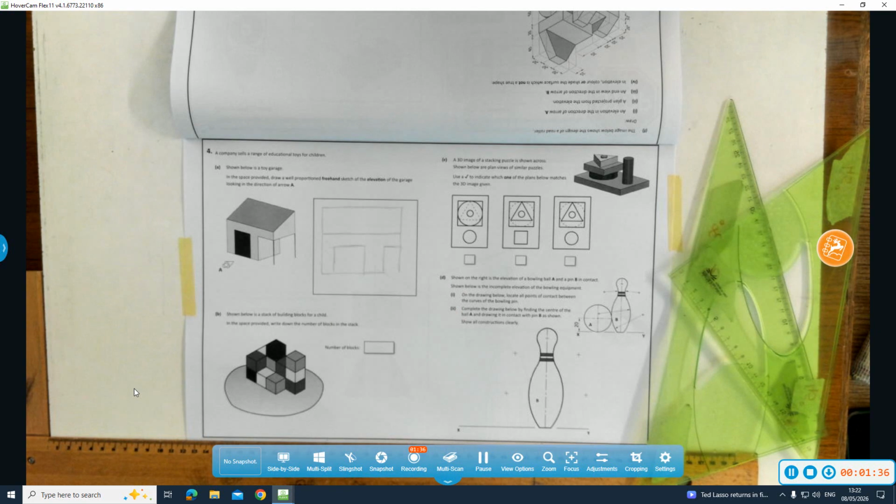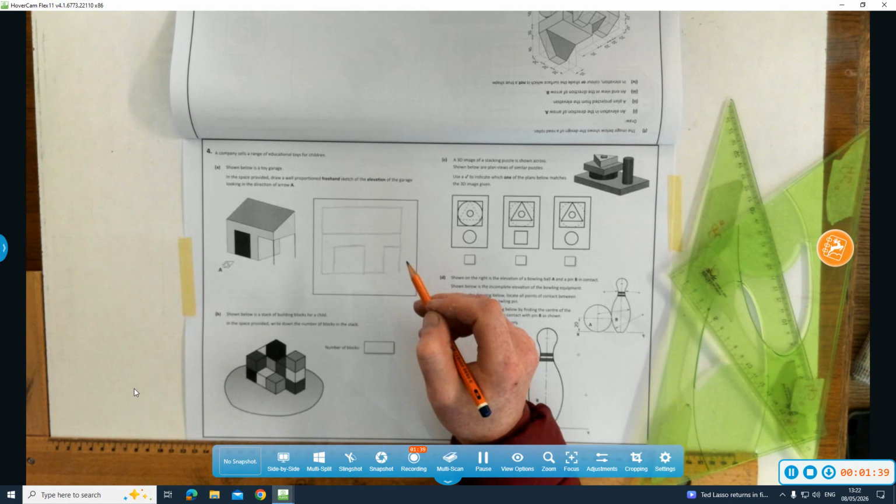That's our elevation, and we need to colour or shade that as well. I'll leave you to work away with that.